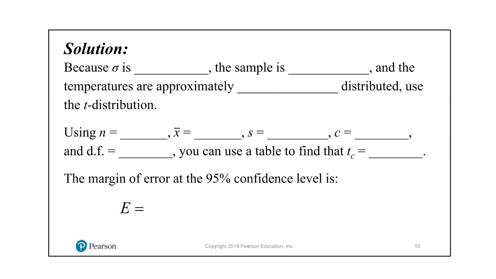the solution here. All right, so we are going to use the t-distribution, or expect to, because sigma is unknown. The sample is random, and the temperatures are approximately normally distributed.